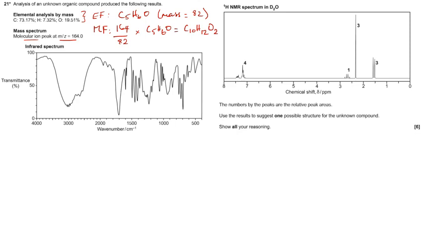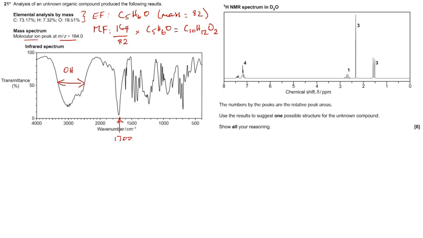And if we look at the IR spectrum, we can see we've got this broad peak, which is indicative of a hydroxyl group of a carboxylic acid, and we've got this peak here at about 1700, which is our carbonyl group of the carboxylic acid.